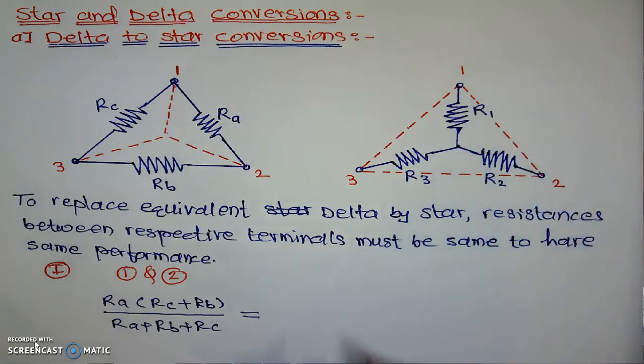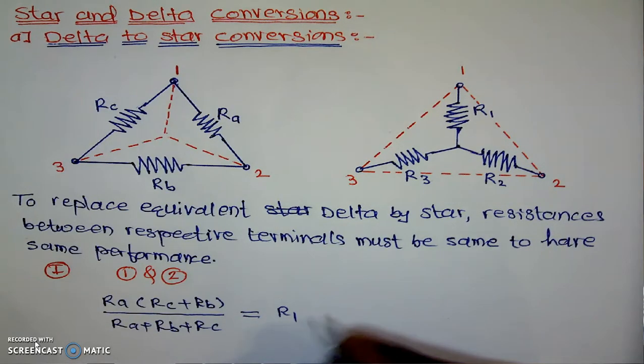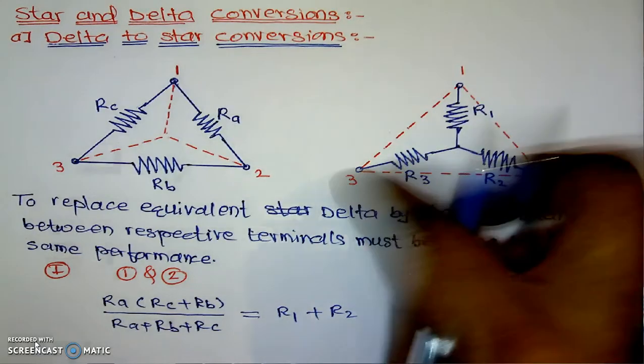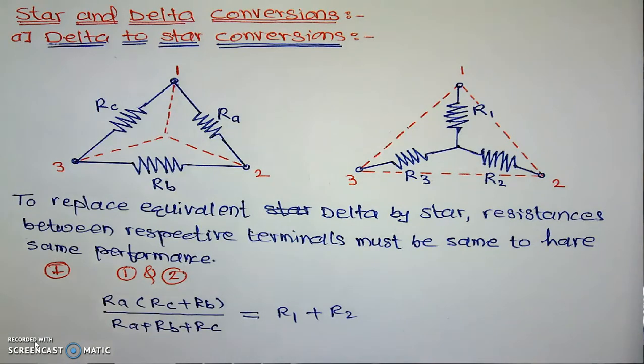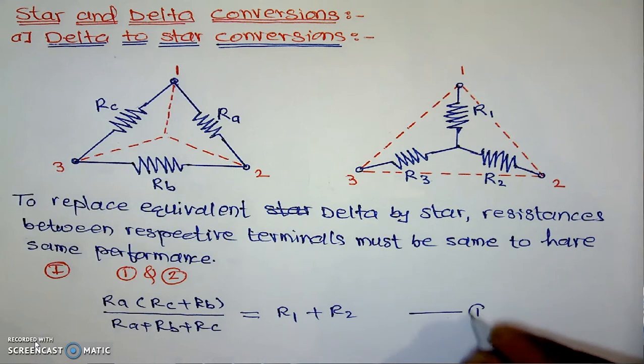It is R1 plus R2, because the two are in series and the third terminal is open, so it will not come into the picture. We will name this equation number 1. This is equation number 1.